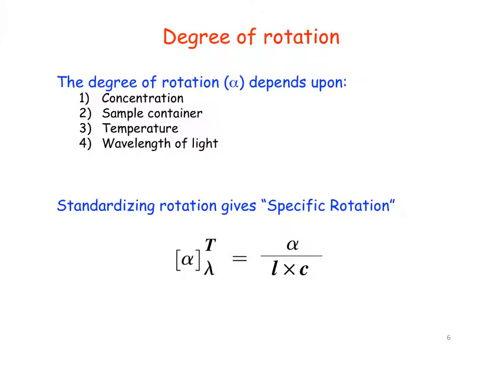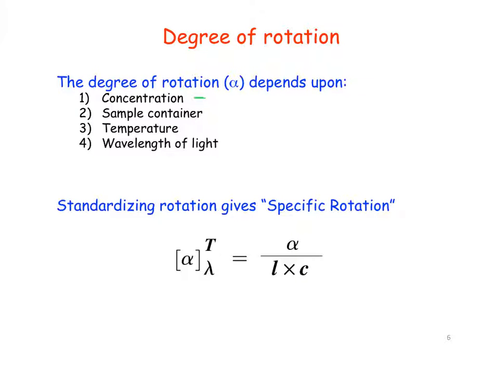All right, now the amount of rotation depends on a number of things. One is it depends upon the concentration of that molecule in solution. So essentially, the more molecules that are in solution, the more the light will be rotated.